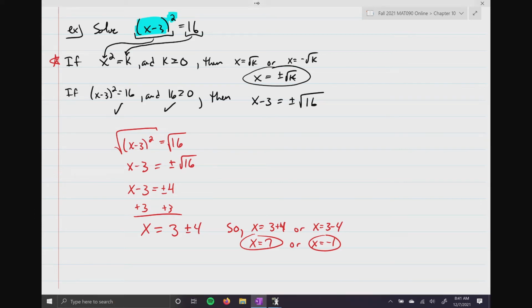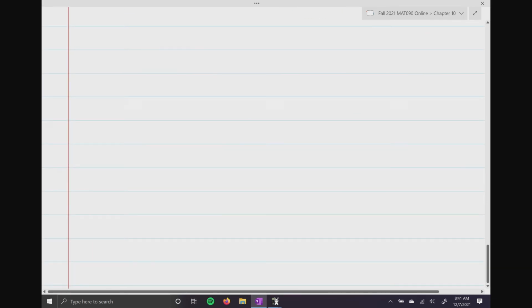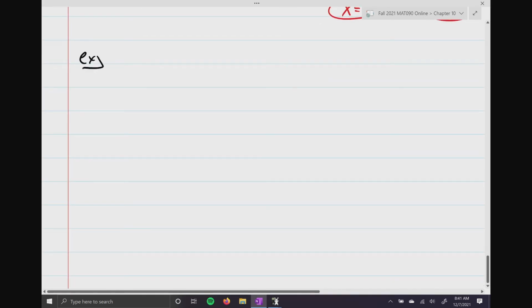Let me do a couple more examples of this, and then we can call it a day. We're going to solve the quantity r minus 3 squared equals 25. What do we got? We've got the quadratic term isolated, so r minus 3, quantity squared, is isolated.